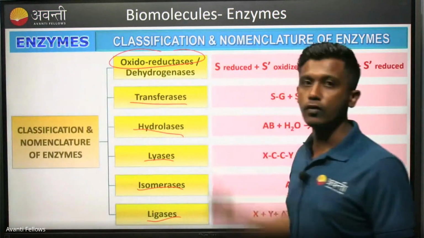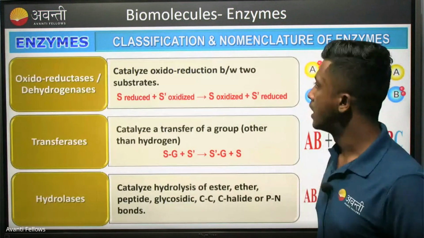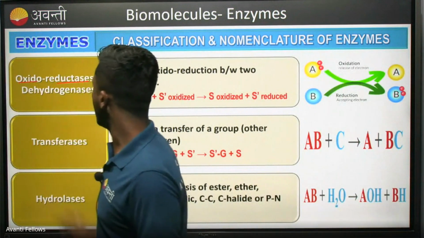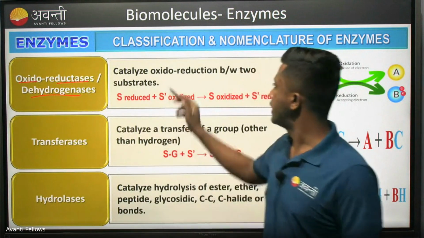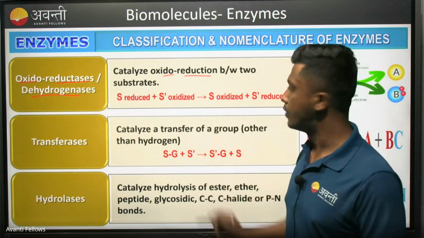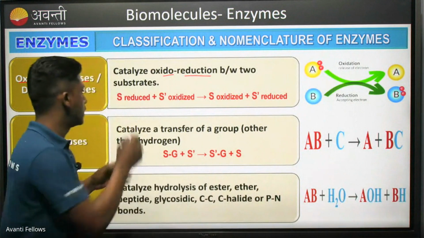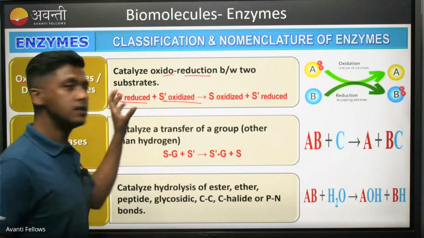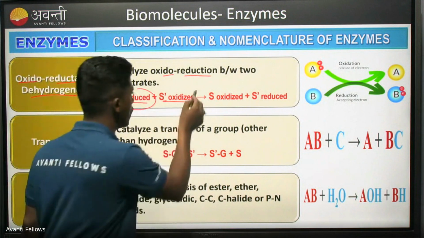So let us see how each of these enzymes in this category conducts a chemical reaction. For example, first one we have oxidoreductase or dehydrogenase. It catalyzes oxidoreduction between two substrates. For any chemical reaction, we have two substrates, isn't it? One substrate is reduced, and the other substrate is oxidized.